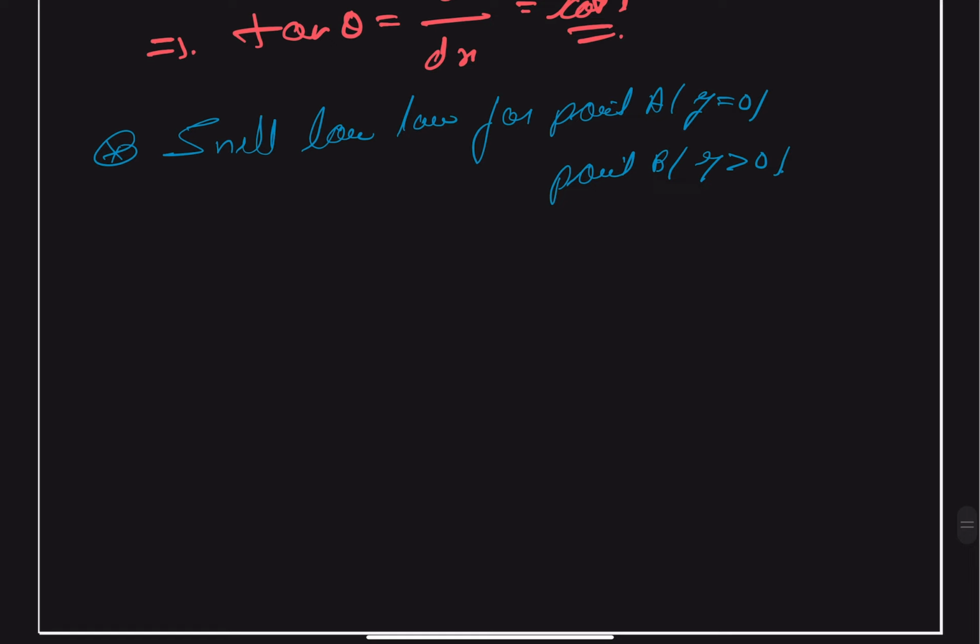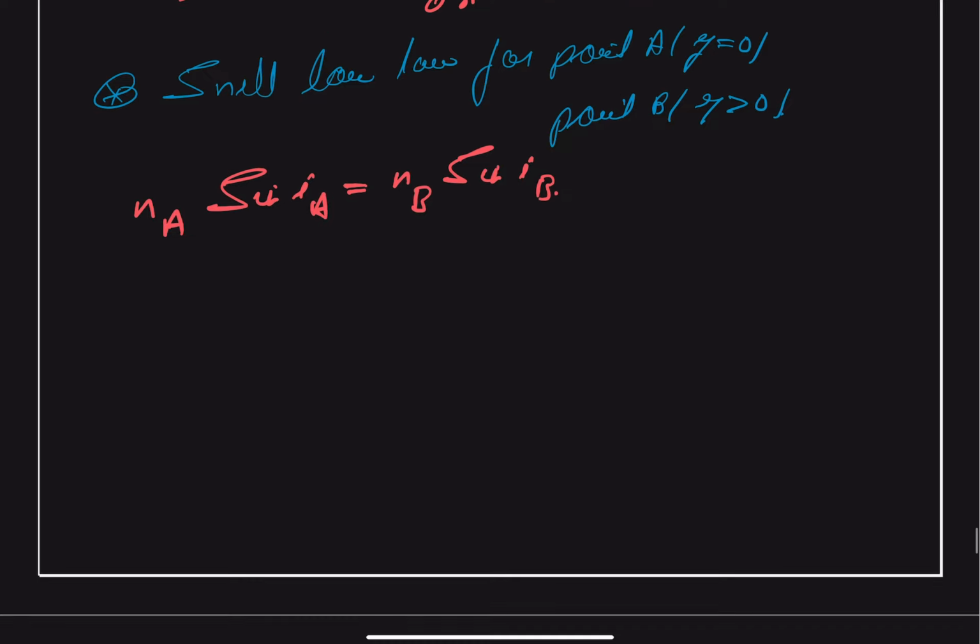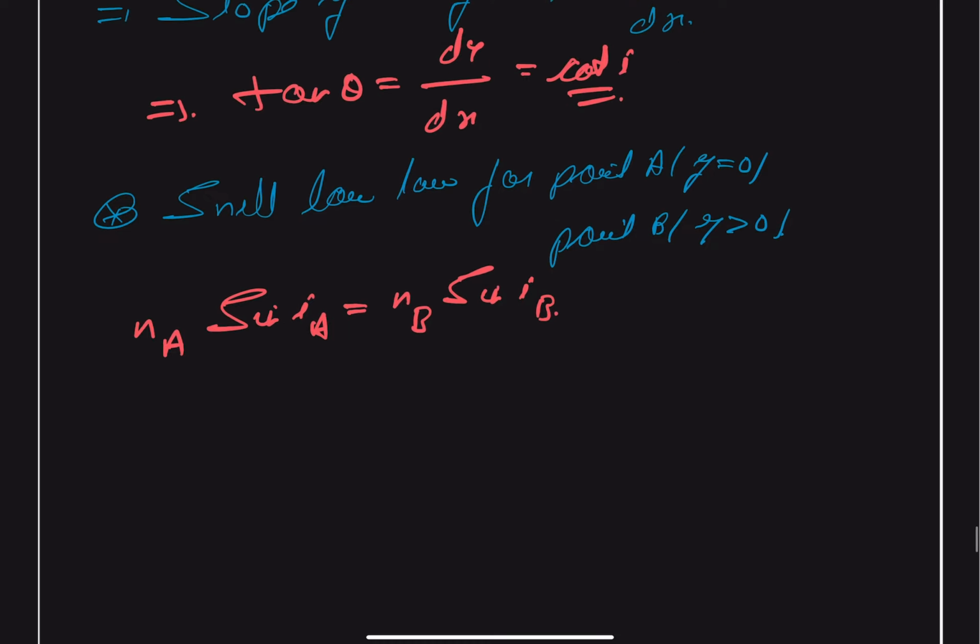So we can write this as our refractive index NA sine of IA is equal to the refractive index at point B, NB sine of IB. And at point A, we already know that our NA is equal to 1 and the angle of incidence, that is IA, is 90 degrees.